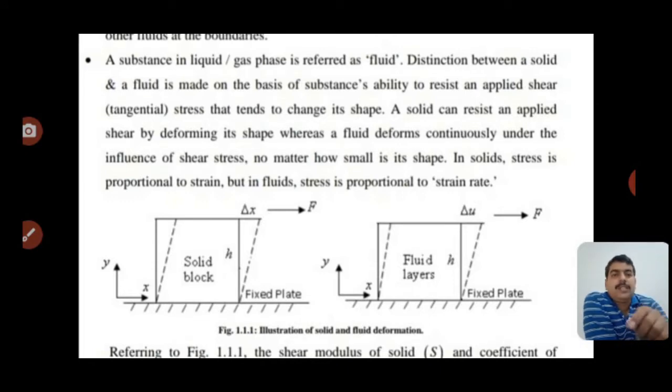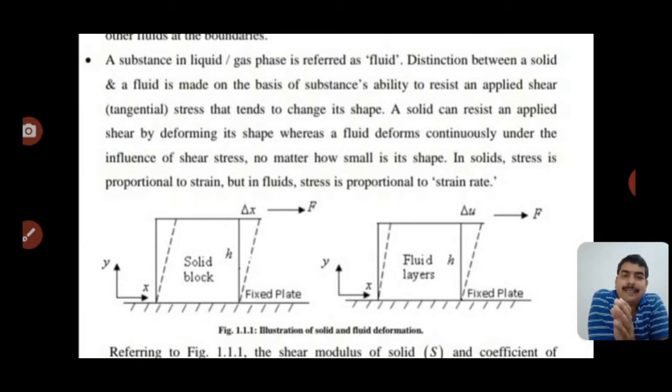Initially the top portion of the body is at distance x. After application of the load, the body deflects up to delta x distance, and the velocity gained by the fluid layers is delta u, where u is the velocity of the fluid.